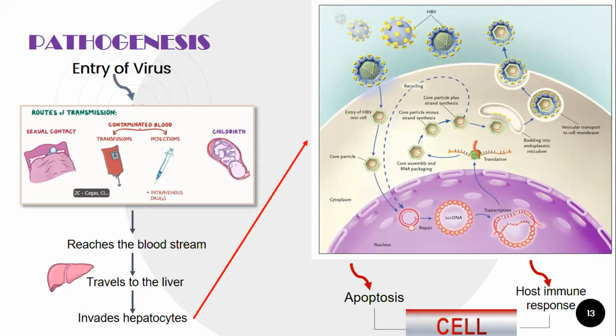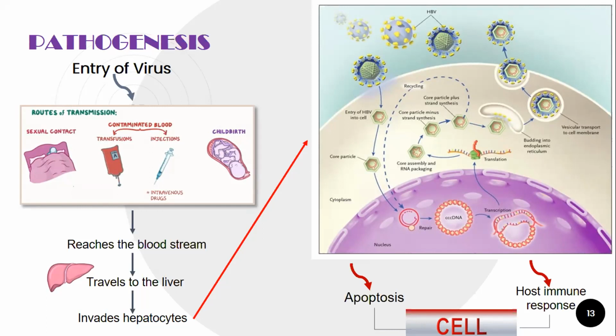Another one is contaminated blood, either through transfusion or injection, specifically the use of intravenous drugs and the sharing of needles, as the previous reporter had mentioned. Another route of transmission is through childbirth. Mothers who are infected with hepatitis B virus could transfer this infection to their child.